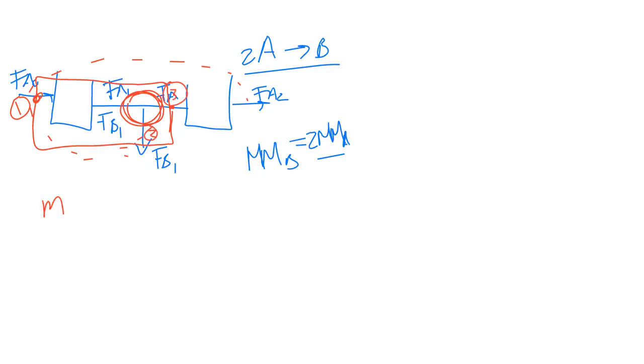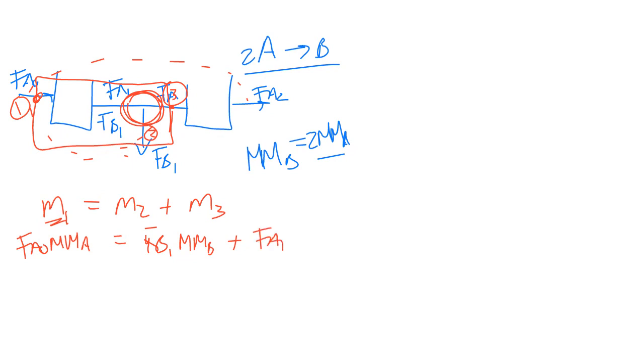Right, so mass of 1 must be equal to mass of 2 plus mass flow rate of 3. This I can calculate as Fi0 times molar mass of A is equal to Fb times molar mass of B, etc. And this is Fa1 molar mass of A. Now I substitute that in terms of the molar mass of A, okay?